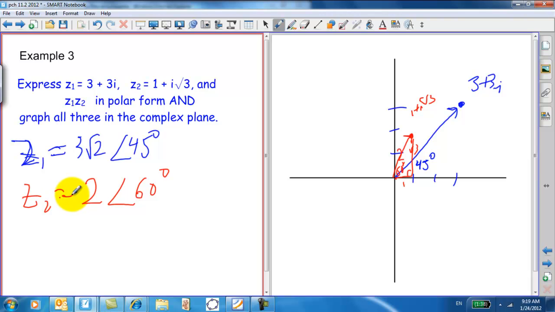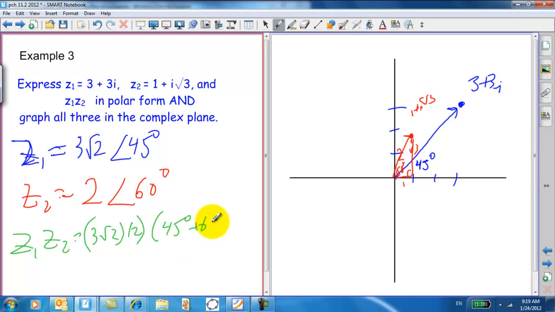Okay? So now, to do Z3, the product Z1 Z2, we can just take the product of the magnitudes, 3 root 2 times 2, and sum the angles, 45 degrees plus 60 degrees. So we get 6 root 2 at an angle of 105 degrees.